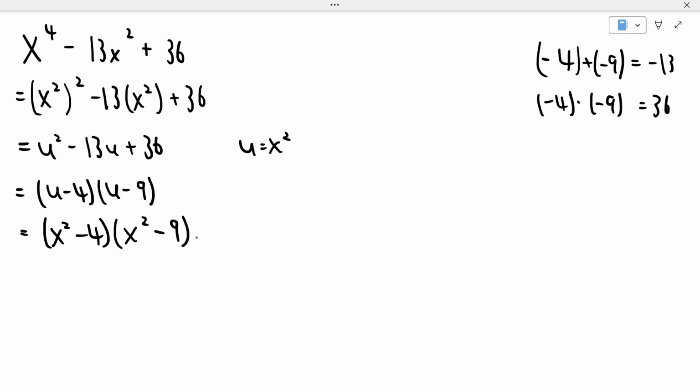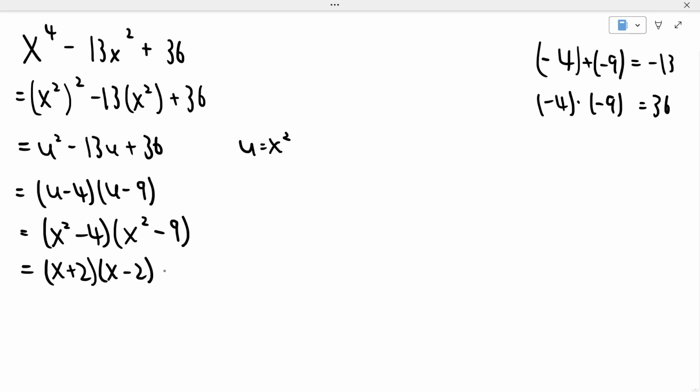So we can actually factor this further, because x squared minus 4 is a difference of two squares, a squared minus b squared, where a equals x and b equals 2, since 4 is equal to 2 squared. You may recall that a squared minus b squared is equal to a plus b times a minus b. So x squared minus 4 can be factored as x plus 2 times x minus 2.